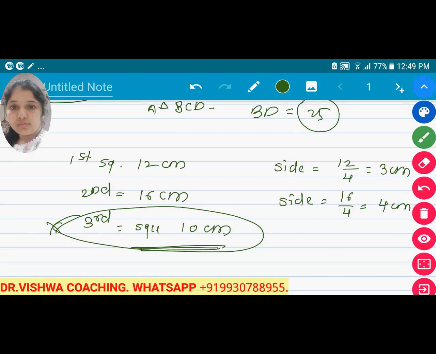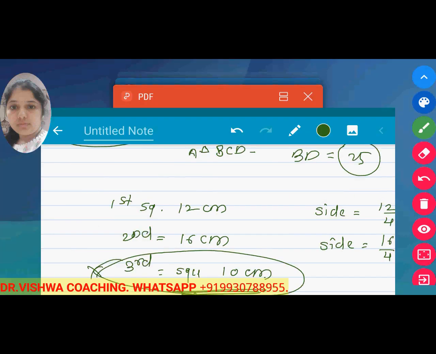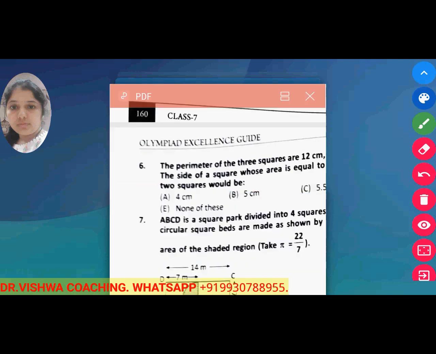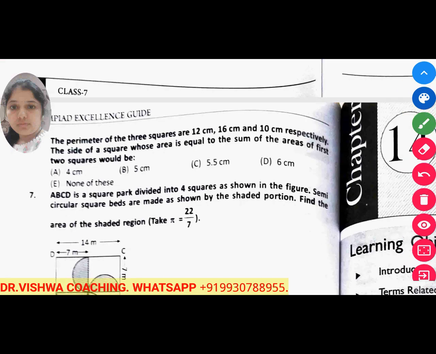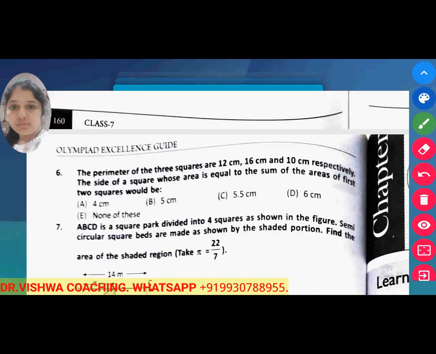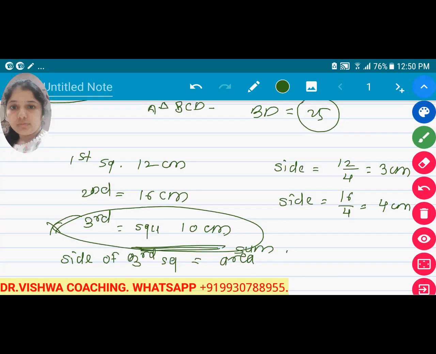We have found the side. Now what is given? The side of the third square is equal to the area of the first two squares, the sum of the areas of the first two squares. Now the side of the third square is equal to the sum of the areas of the first and second square.